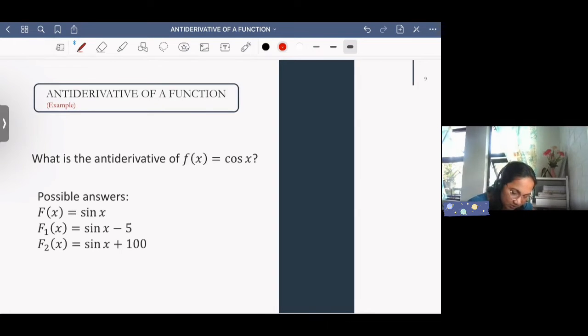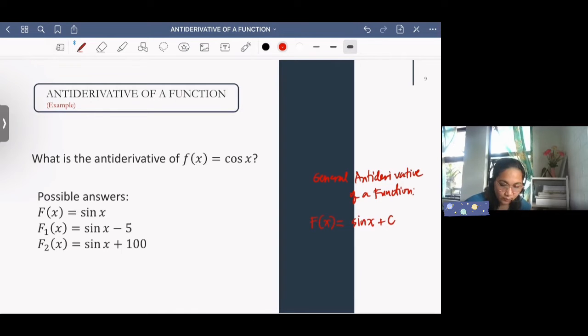Let me just write here, for the general antiderivative of a function, that will be the uppercase F of x equals the antiderivative of cosine x, that will be sine x, plus our constant, wherein c is any real number. So this c is our arbitrary constant.